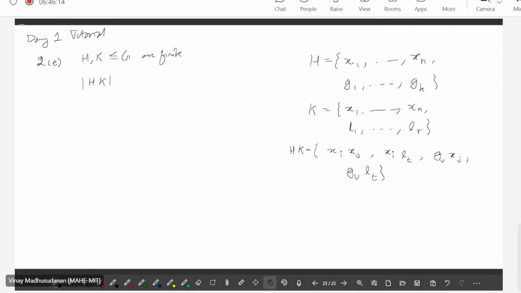So why is it not equal to cardinality of H times cardinality of K? Intersection?